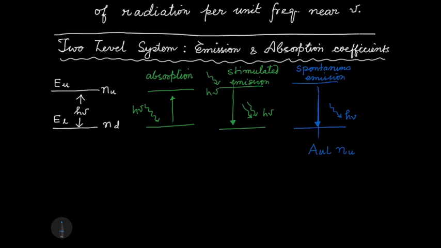It also depends on how many atoms are in the upper level. This is an emission, so it has a positive sign. Whenever there is a transition from the upper level to the lower level, I will write that with a positive sign.